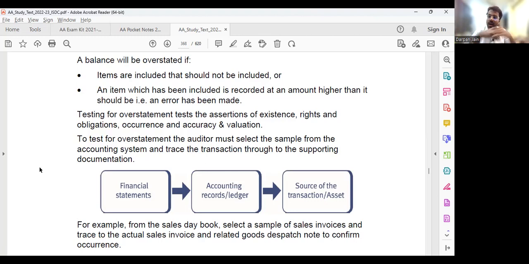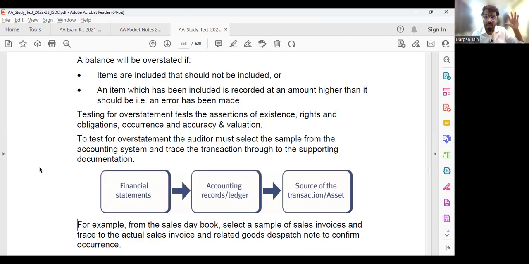Completeness and existence are basically moving in reverse directions, right? When you started from the financial statements and went to the external source, you were checking for existence or occurrence. But reverse means when you start with an external source and then come to the books of accounts, you're checking for completeness.